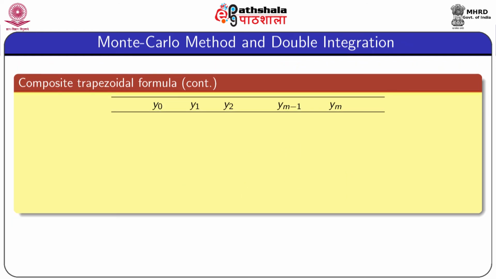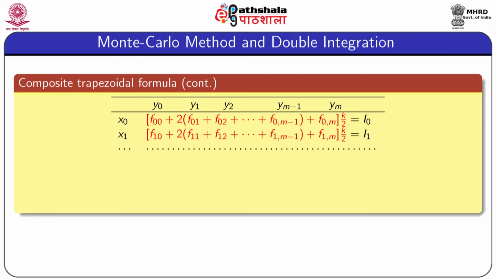For simplicity, we can represent the entire formula, equation 11, in tabular form. For x equal to x0, the expression [f00 plus 2 into (f01 plus f02 plus ... plus f0 comma m minus 1) plus f0 comma m] into k by 2 is denoted by I0.